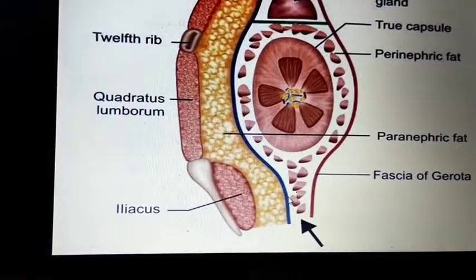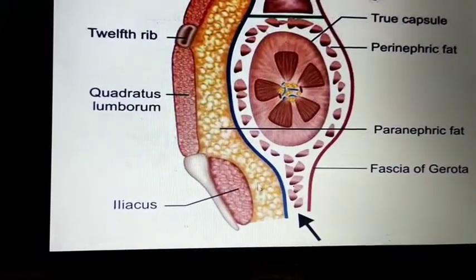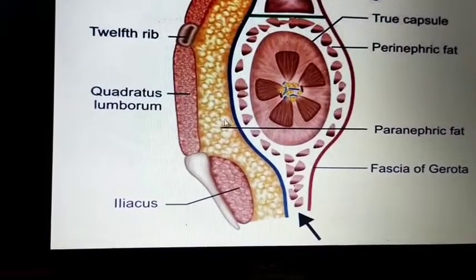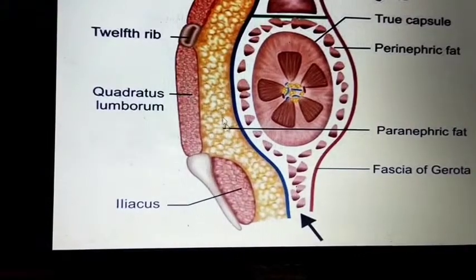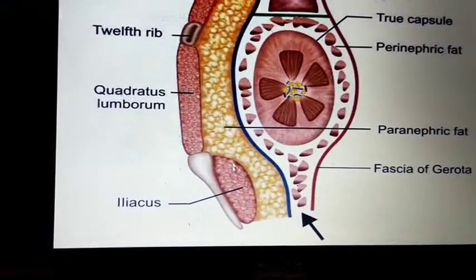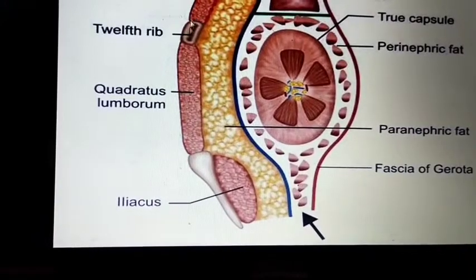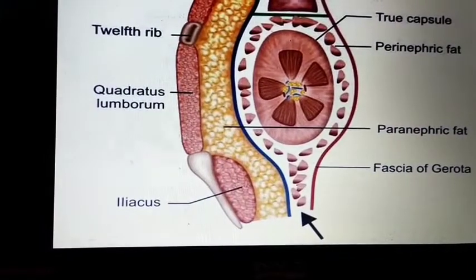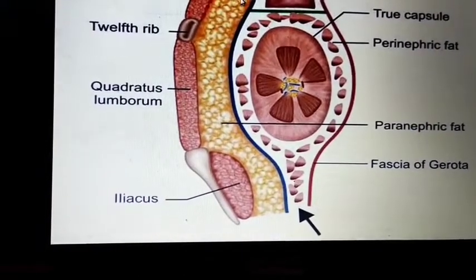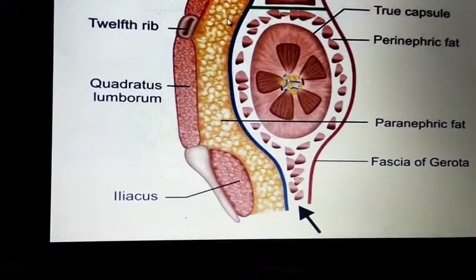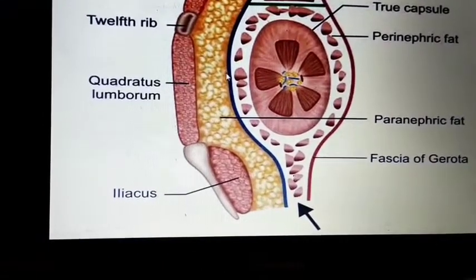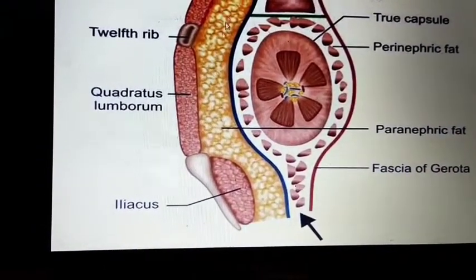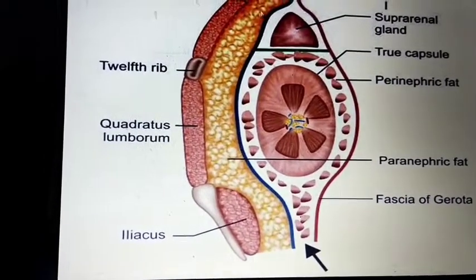Just above the renal fascia there is fat: retroperitoneal fat or paranephric fat or pararenal fat, and this is the retroperitoneal space, or posterior abdominal wall. This paranephric fat and perinephric fat work like a cushion to the kidney and protect it from any external trauma.